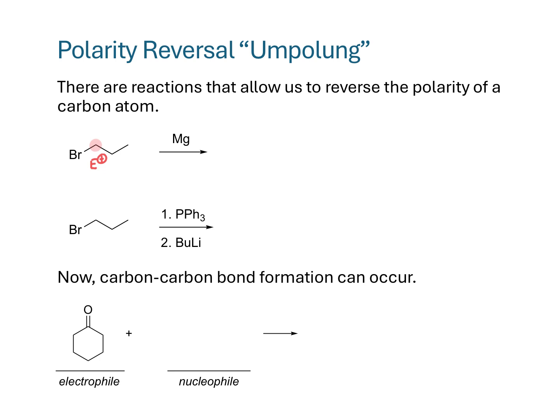If we add magnesium, the magnesium inserts itself between the carbon and the bromine. And now, because the magnesium is the more electropositive element, the carbon is now electronegative. So we have the magnesium delta plus, the carbon delta minus, and now this carbon is a nucleophile.